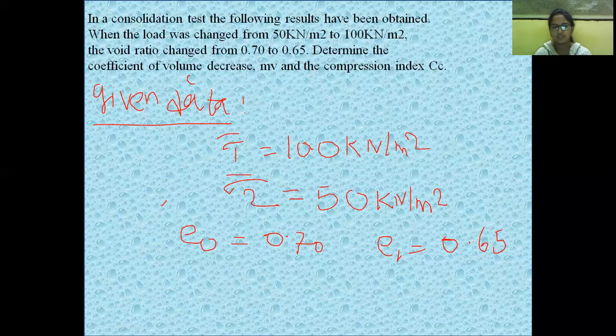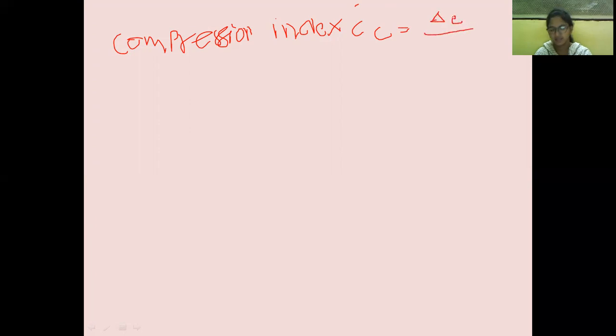What's the formula for compression index? Cc is equal to change in void ratio divided by delta log of change in effective stress.